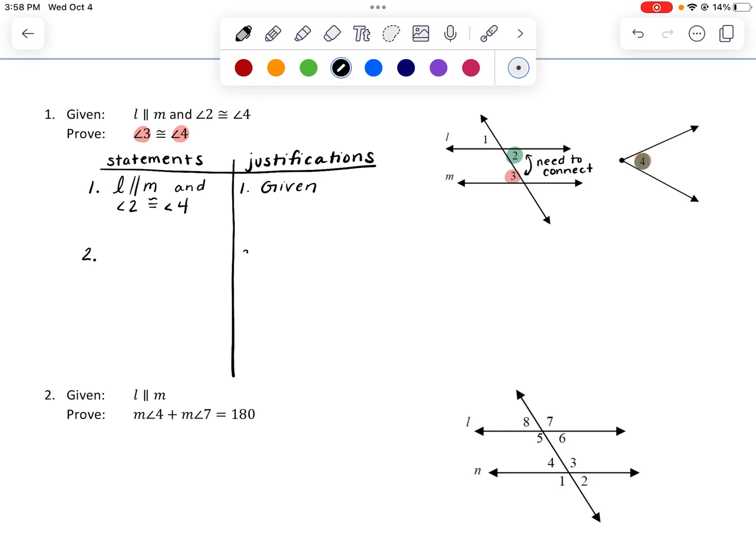I also know that angle 2 is congruent to angle 3, and those are alternate interior angles. So because I have parallel lines, my alternate interior angles are congruent.